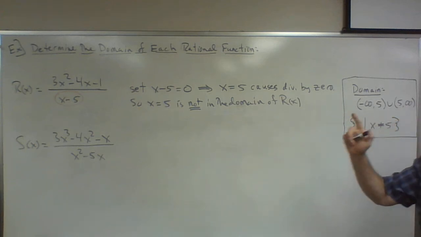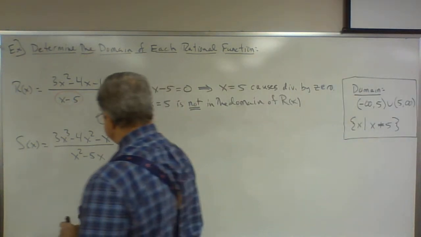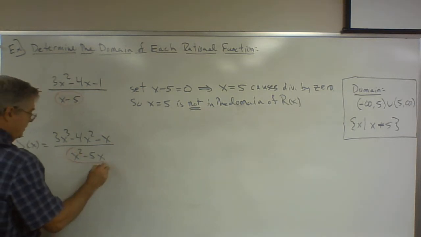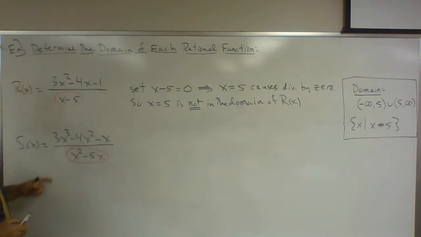Now let's look at this second function. We assume that the set of real numbers is the domain of this function, and then we exclude any x values that cause division by 0.